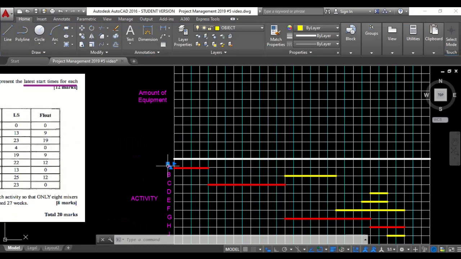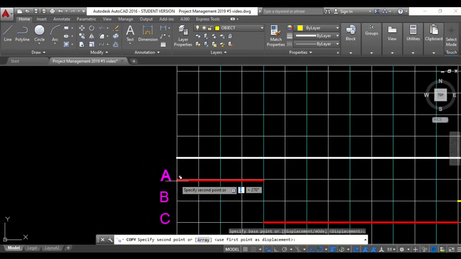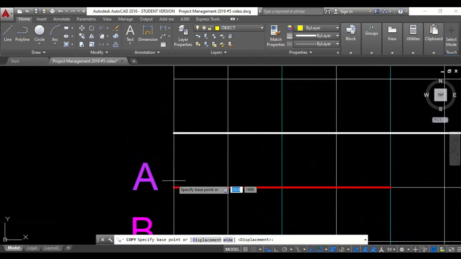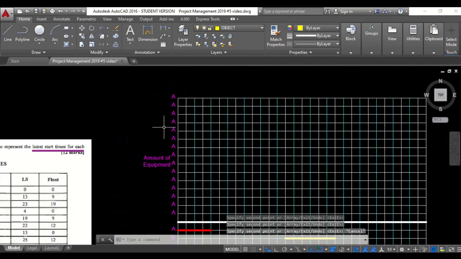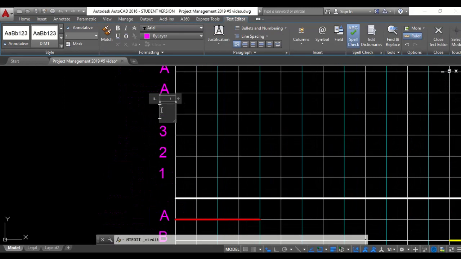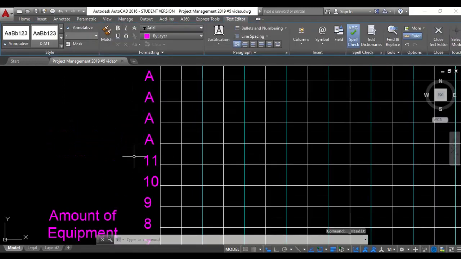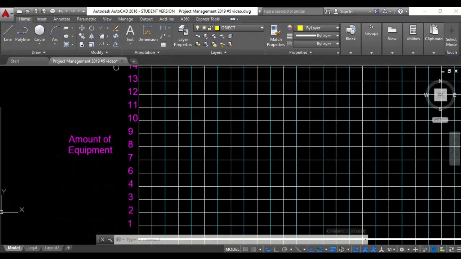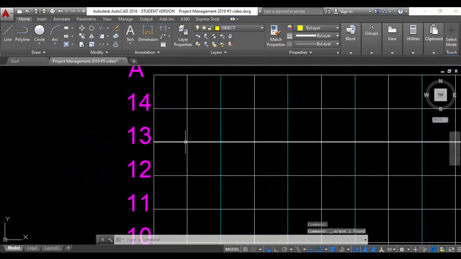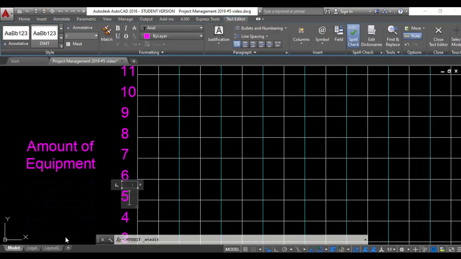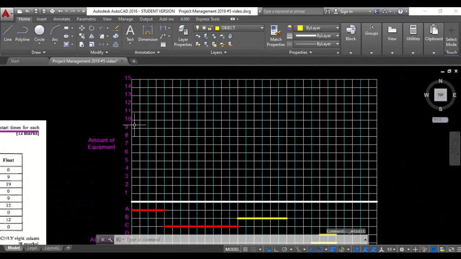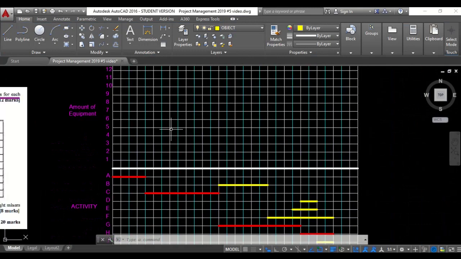So I'm now going to go and label my y-axis, and that will be a number because it's representing the amount of equipment. Okay, so my y-axis is all labeled now, and I'm now ready to start my histogram.